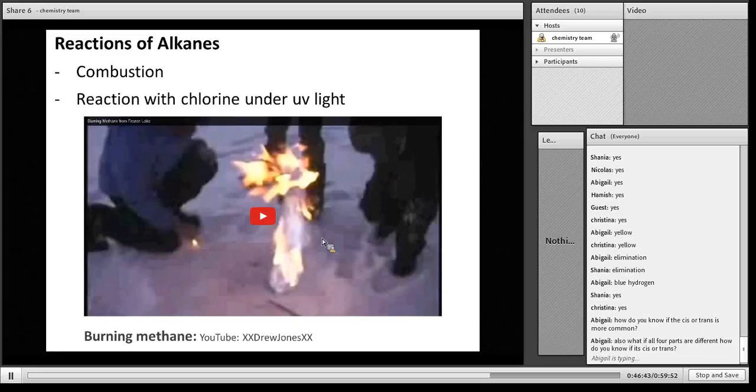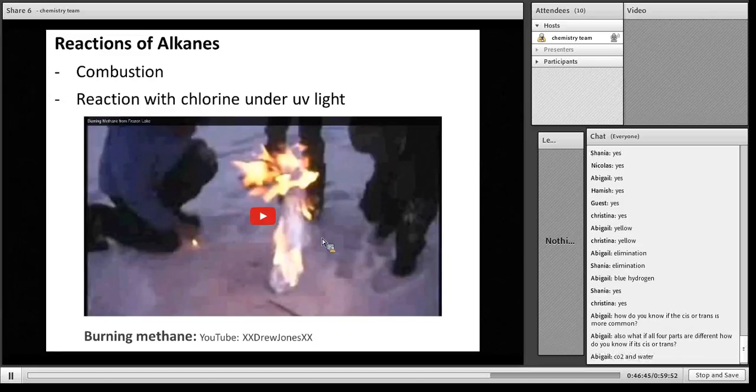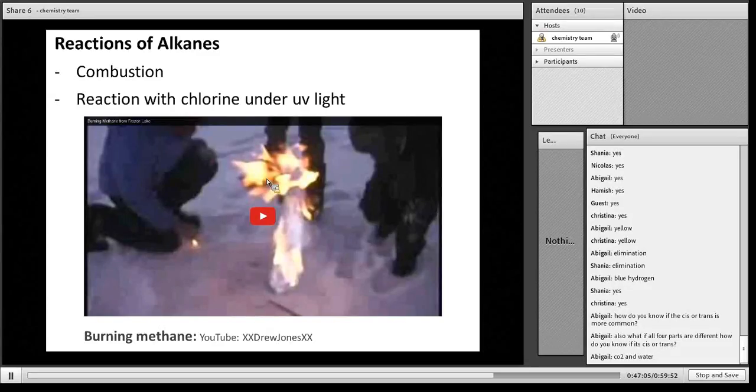If you took it as a fuel standard last year, you probably know CO2 and water. Correct, that's for complete combustion. This is not actually complete combustion, because you see a yellow flame. The moment you see a yellow flame, you know that carbon is being produced, because the carbon is glowing and that causes the yellow light. If you had complete combustion, what would be the color of the flame?